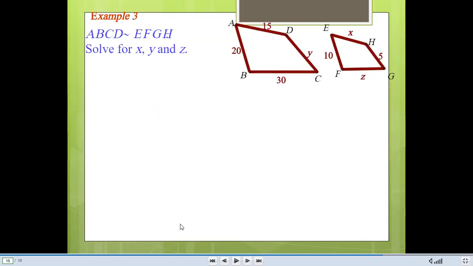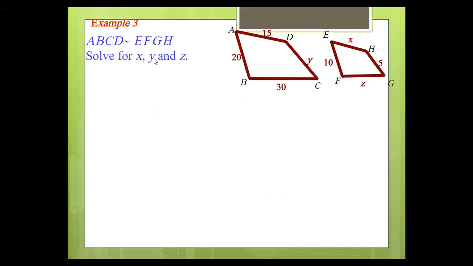Okay, in this question, how will we find the missing sides? What do we have to do? He said at the beginning that the polygon ABCD is similar to the polygon EFGH. How will we find the scale factor? Who can tell me the scale factor here? Hannah, please tell me the scale factor.